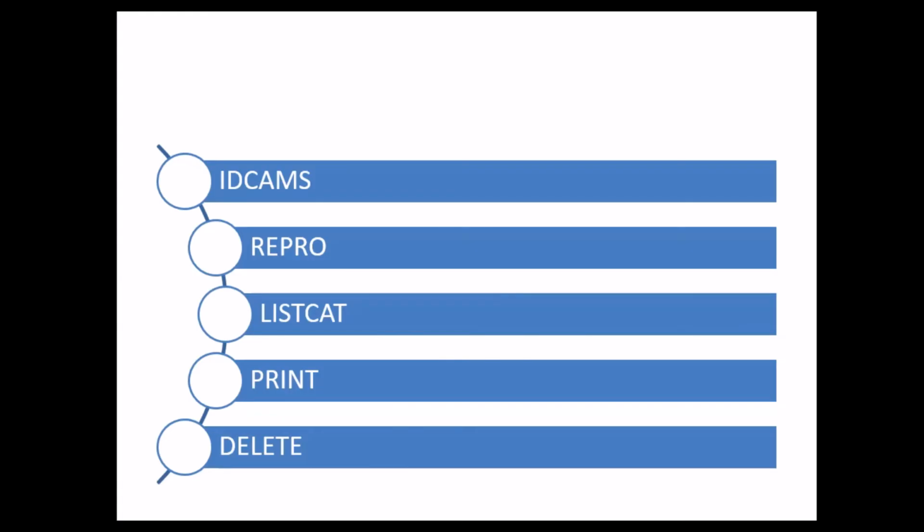If you are using a KSDS file, you can use a set of commands to read, rewrite, or delete the records using the COBOL program, and you can also traverse forward and reverse and so on. So these are the various activities that we do when working on COBOL plus VSAM, and COBOL plus VSAM plus CICS when using an online screen.